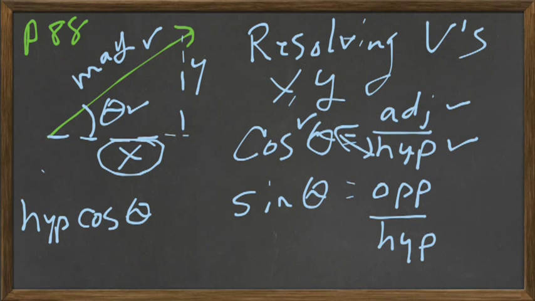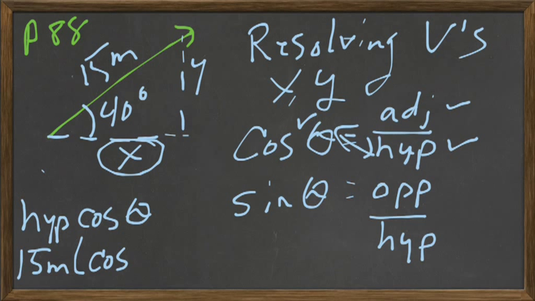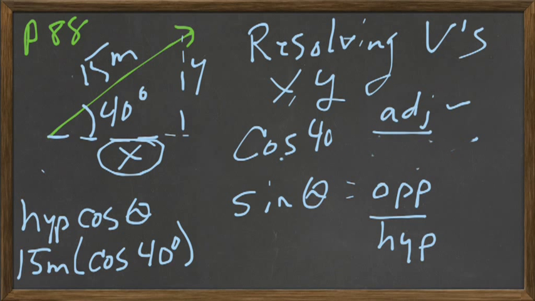So let's say our magnitude is actually 15 meters, and my angle is actually 40 degrees. To find the value for the x side of the triangle, 15 meters times cosine of 40 degrees, because I would have cosine of 40 equals adjacent divided by 15 meters, and I cross multiplied.